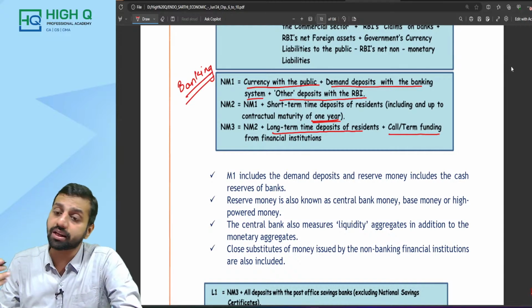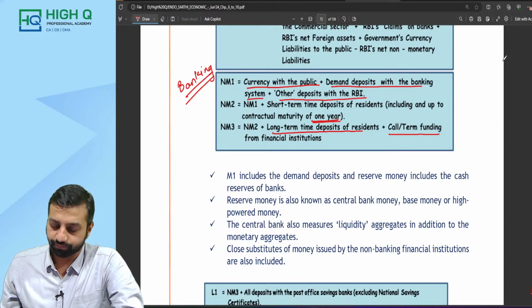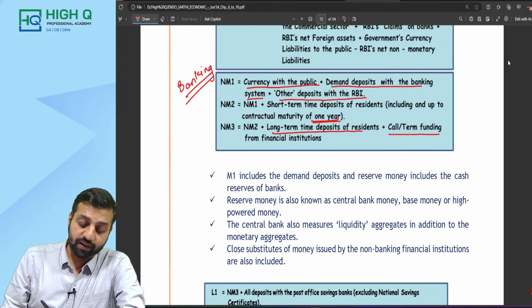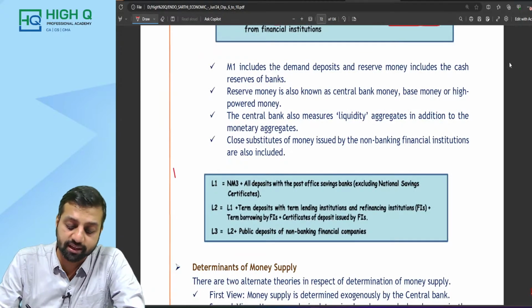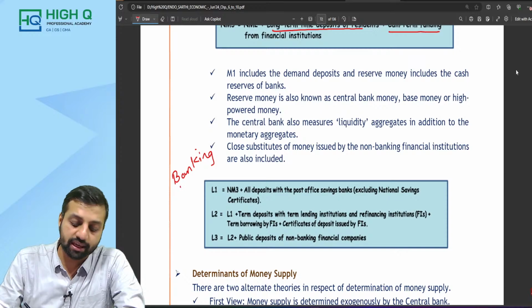Call money is that money which is for up to a period of 15 days. Then we have liquidity estimates in which we have banking plus non-banking.